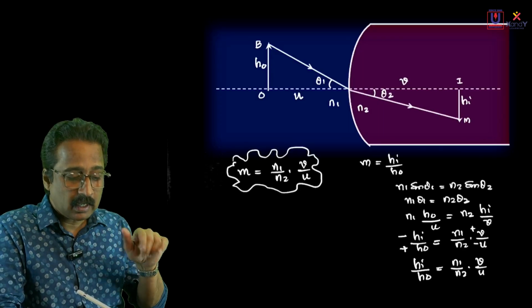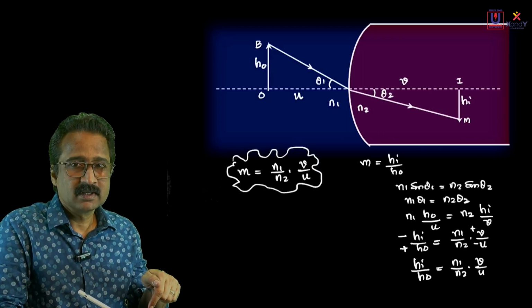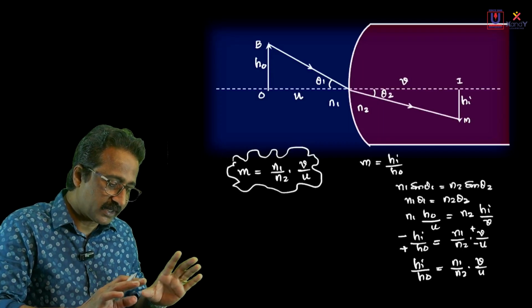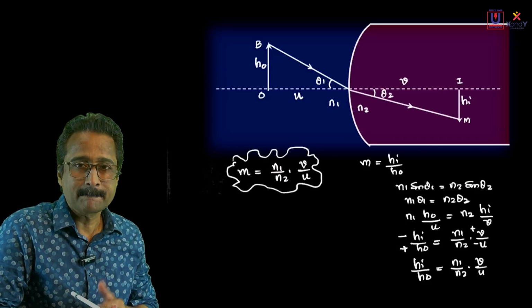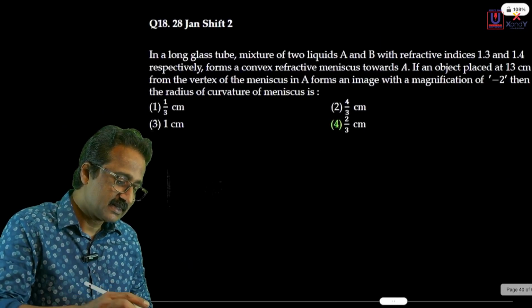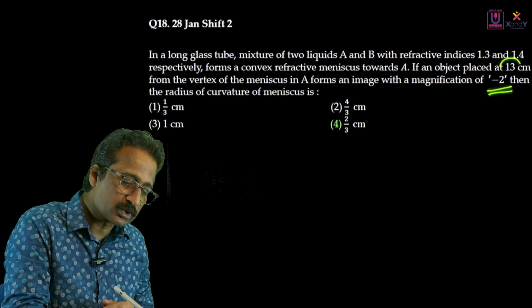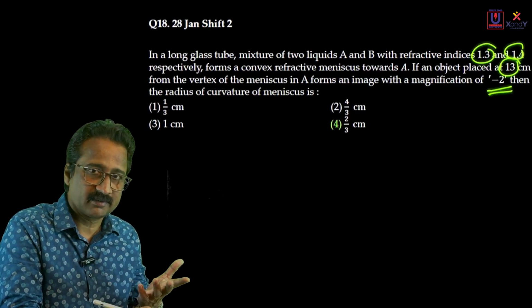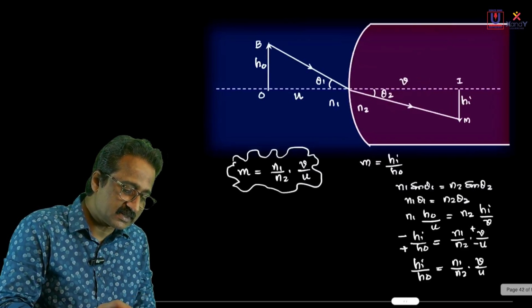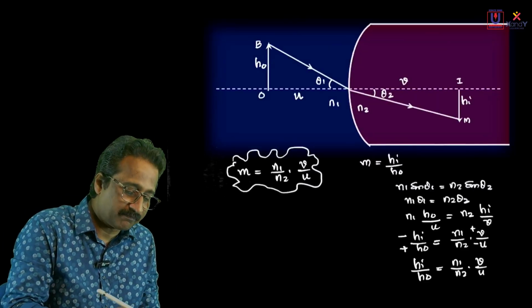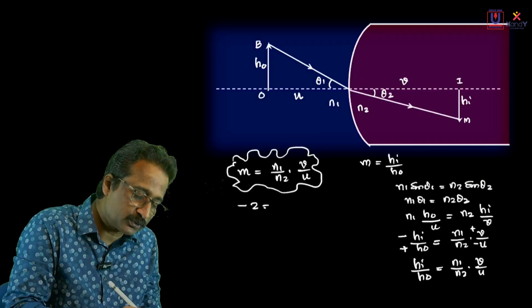Now let's make use of this result. This result can be used to find out V here, because in the question it is said that the linear magnification is minus 2. U is also given, N1 and N2 are also there. So you can directly find V, because M is given to be minus 2.